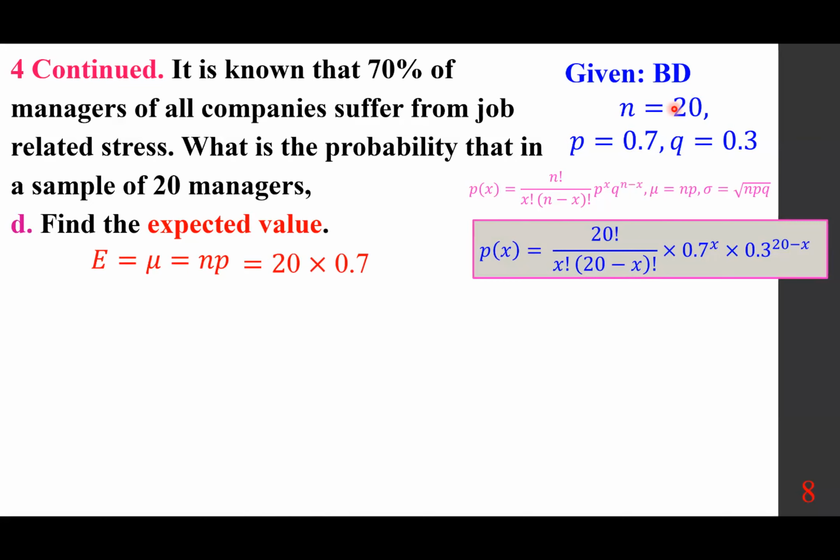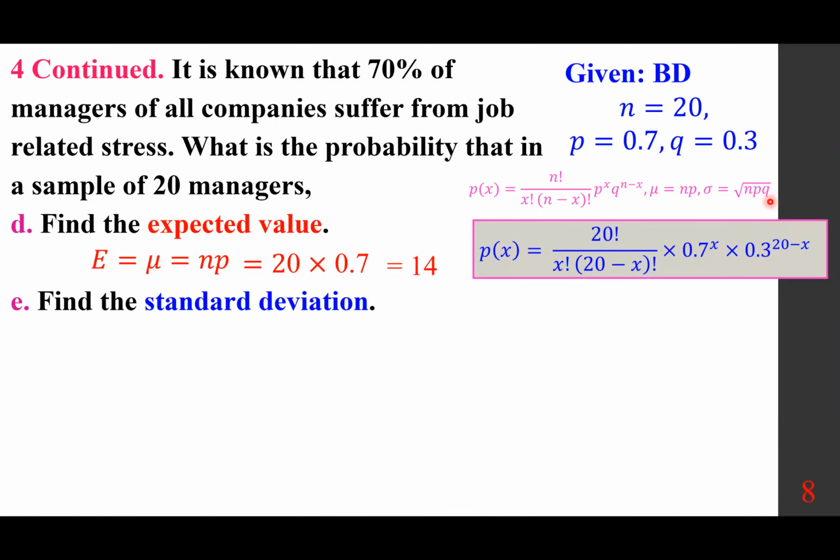What it means is that among the 20 managers with a 70% chance of stress related from work, we expect 14 of them to be suffering from stress. Find the standard deviation.